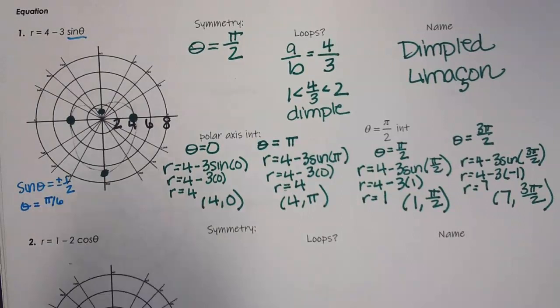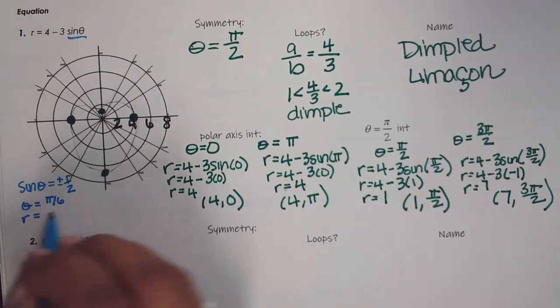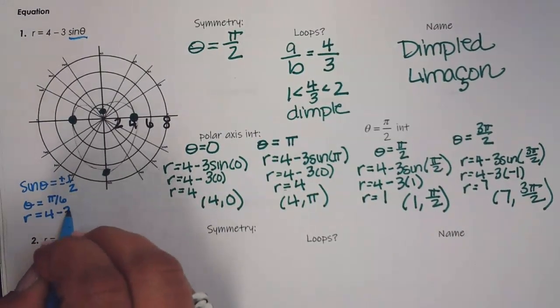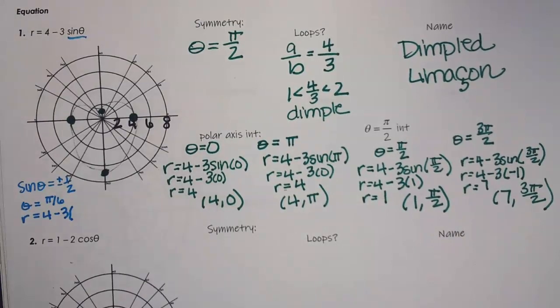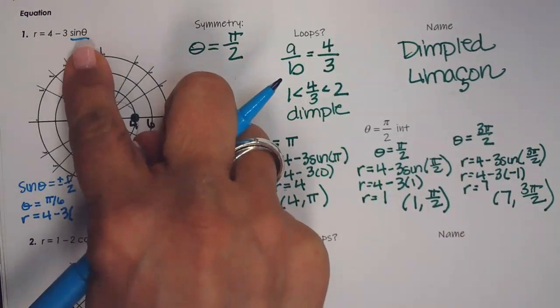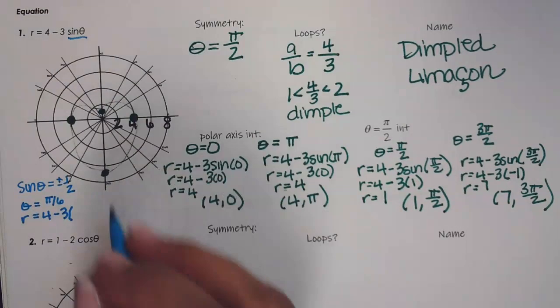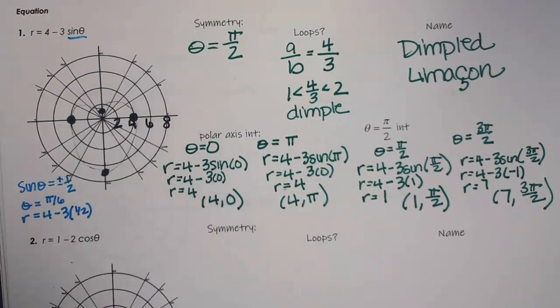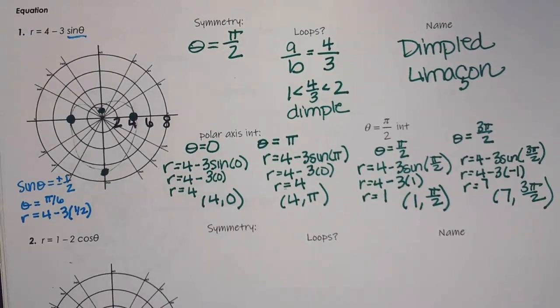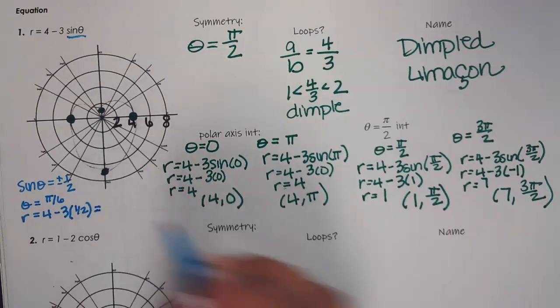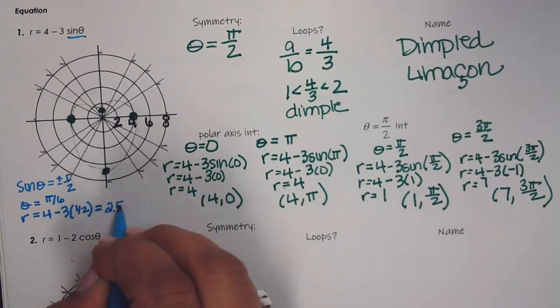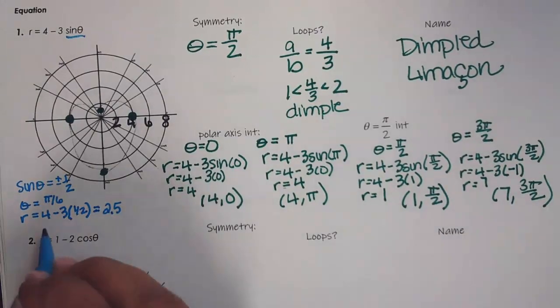Okay. That would give me r equals 4 minus 3. And then I'm not going to write sine of pi over 6. Didn't we pick sine of pi over 6 because that was going to give us something pretty like 1/2? Okay. So I have 4 minus 3 times 1/2. So that's 4 minus 1.5. So that gives me about 2.5. Well, it gives me exactly 2.5.